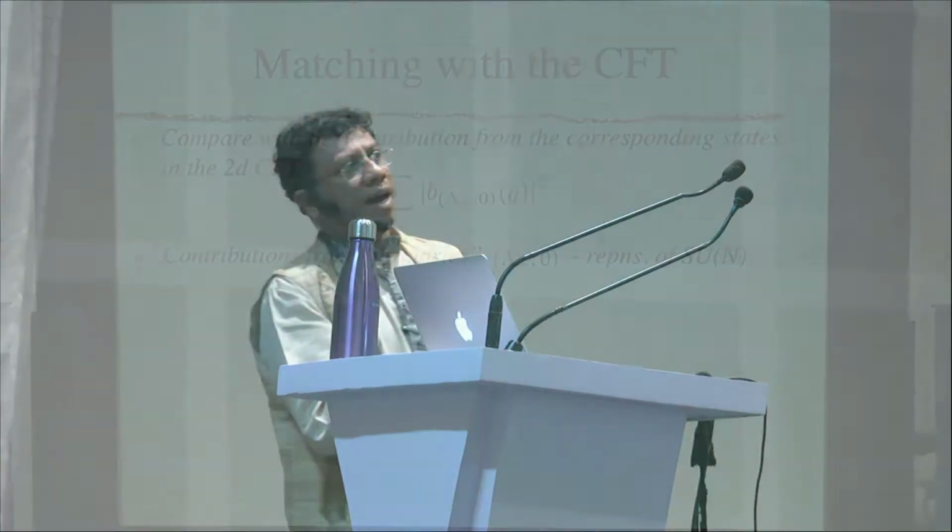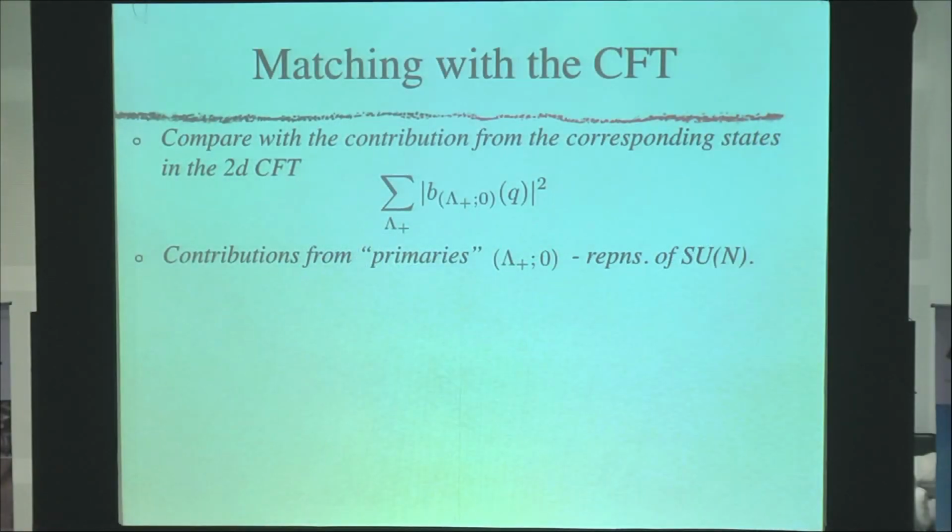The general primaries are labeled by two representations, but the ones corresponding to the perturbative states have one of the representation labels set to 0. So these contributions are known very explicitly, never mind what all the symbols really stand for. But it's a generating function, a Q expansion with various coefficients which are known explicitly.